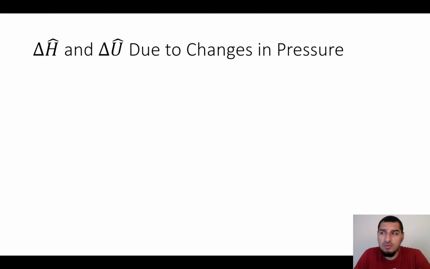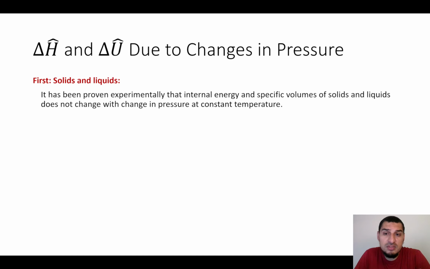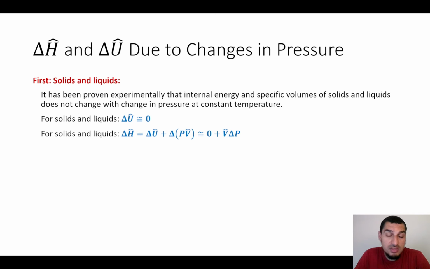So when we talk about the calculation of change in enthalpy and internal energy due to change in pressure, we have cases for solids and liquids. And for solids and liquids, the experiments that were done proved that the internal energy and specific volume are not affected by the pressure.